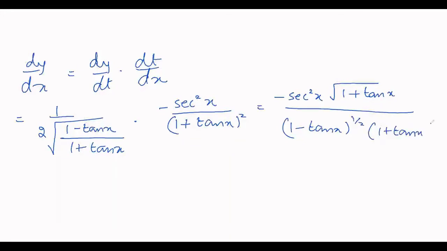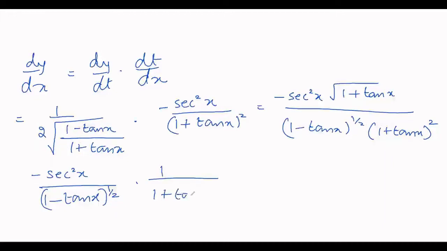So that gives me minus secant squared x divided by 1 minus tan x whole power half, and this in the denominator becomes 1 by 1 plus tan x whole power 2 minus half, because in the numerator I have 1 plus tan x whole power half. So I'm applying the laws of exponents here.